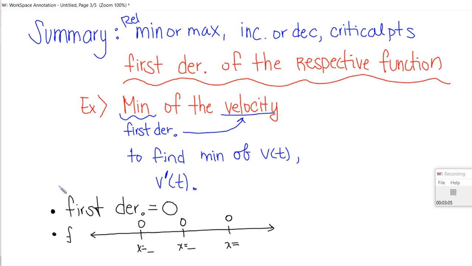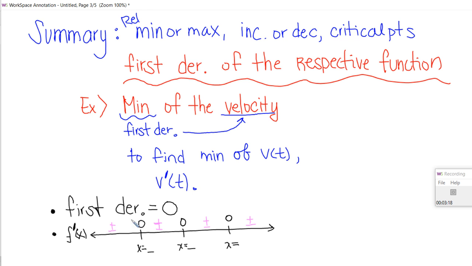And then we plugged in the values in between these numbers to figure out what type of signs these things had. And that helped you to find whether the function was increasing on that interval, decreasing on that interval, or if it changed from positive to negative.